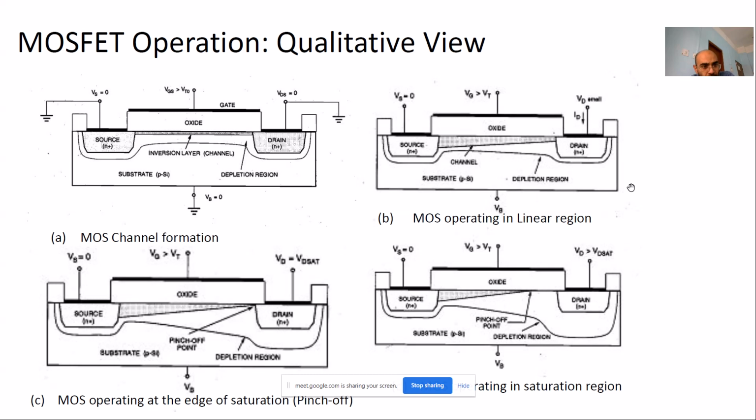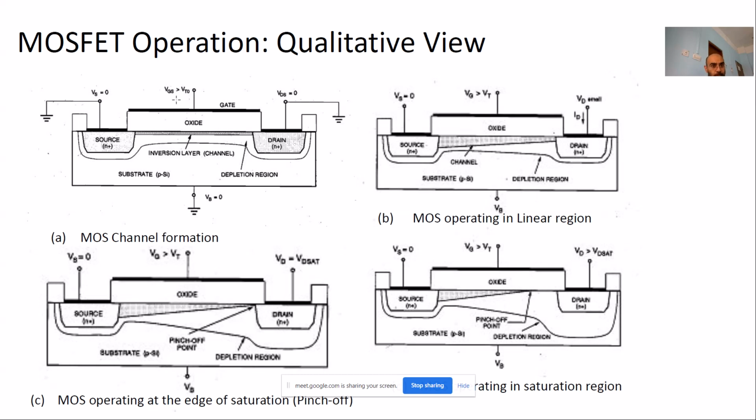Basically, up till now, what we have seen is the channel formation. In this slide, I'm talking about diagram A. Here you can see that what we have discussed is this channel formation. During this channel formation, the drain and source are both grounded, and the body is also grounded. So out of the four terminals, three terminals are grounded, whereas for the fourth terminal, the gate terminal, only the voltage at the gate is changed.